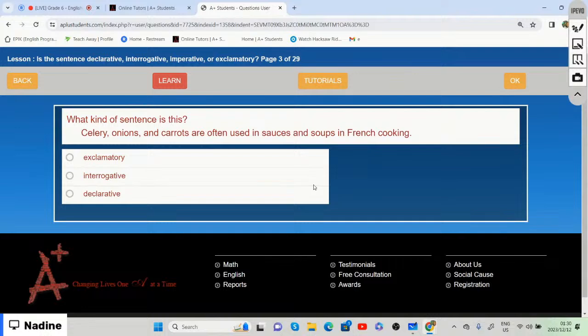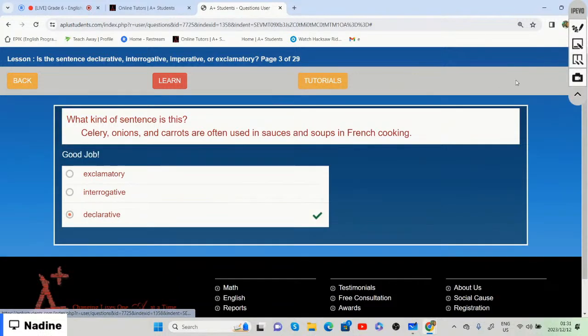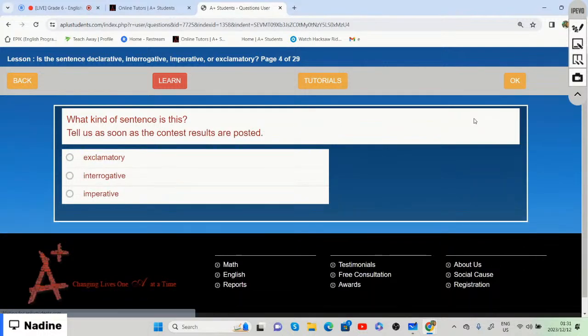So we can say this is a declarative sentence. It's basically just telling us, right?